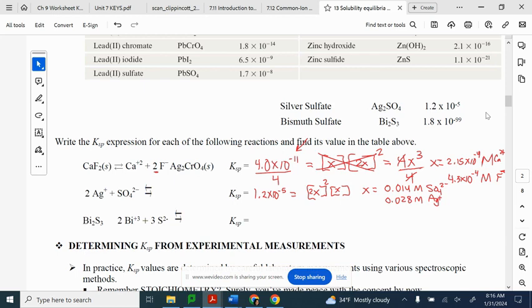Bismuth sulfate is listed right here. This one doesn't work well. You can just get this set up, but I don't think your calculators will actually do the calculation because it gets so ugly with that value, if I remember correctly. So I just want you to at least get this set up, but don't try to throw it in your calculator because you're just going to error out. So how would you set this problem up to solve for it?